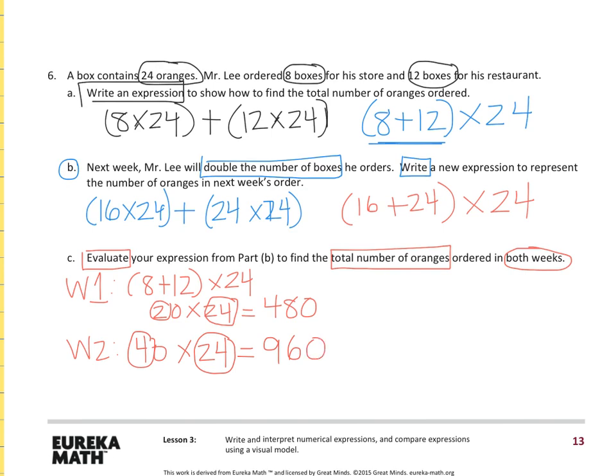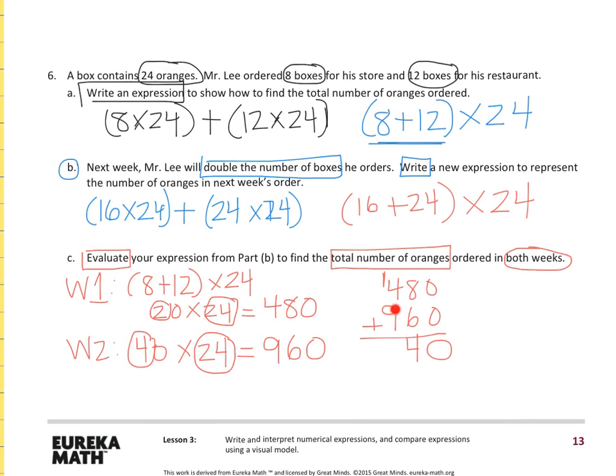Now you're going to go ahead and find the total by adding up 480 and 960. Add your zeros together and the ones, that will give you 0. 8 tens plus the 6 tens would give you 14 tens, so you bring up your 1, bring down your 4, and then 9 hundreds plus 4 hundreds plus 100.